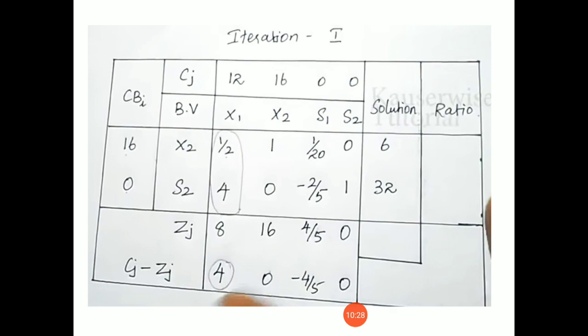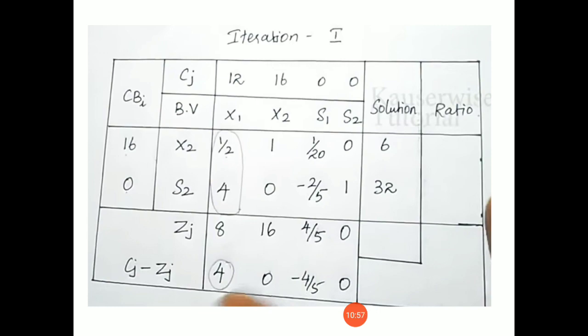The next step is we'll find the maximum value from this Cj minus Zj row. As we can see from this Cj minus Zj row, the maximum value is 4. So the column corresponding to this 4 will be treated as the key column, that is, below the x1 variable.